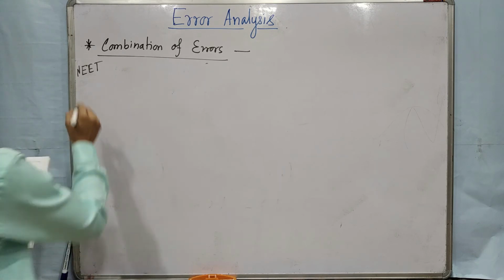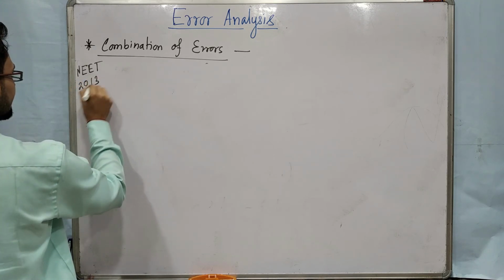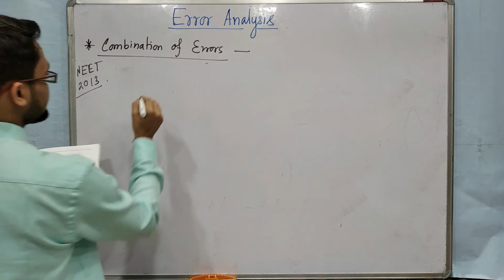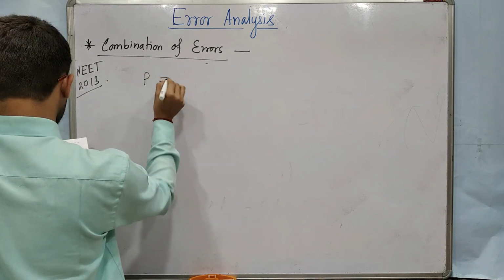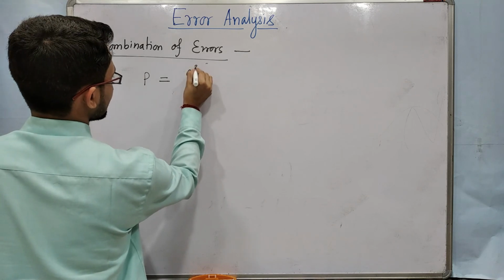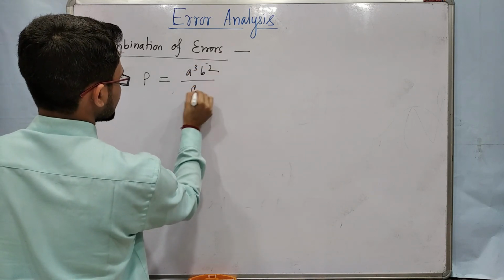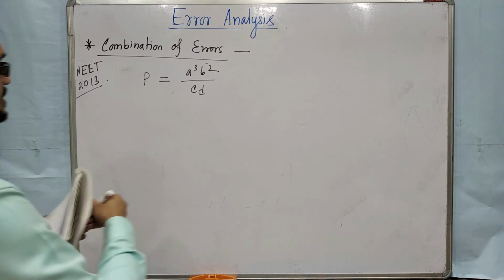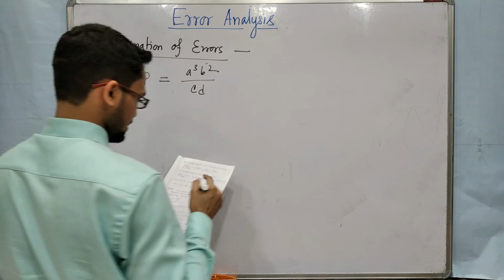Another question came NEET 2013. That question is like the previous one, that is P is given, a relation is given: A cube B square by C D. And the percentage error in A, B, C, D are given.